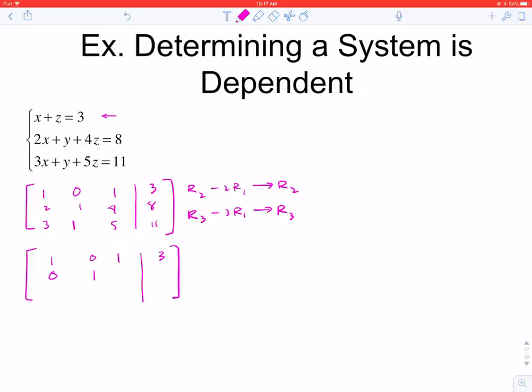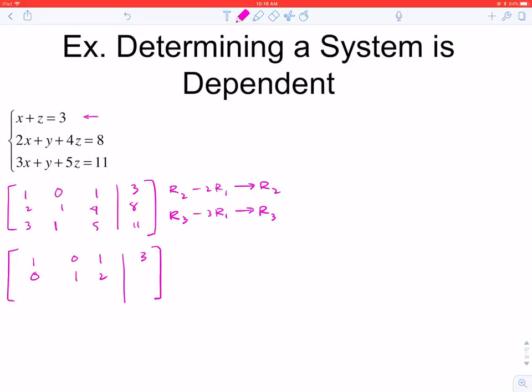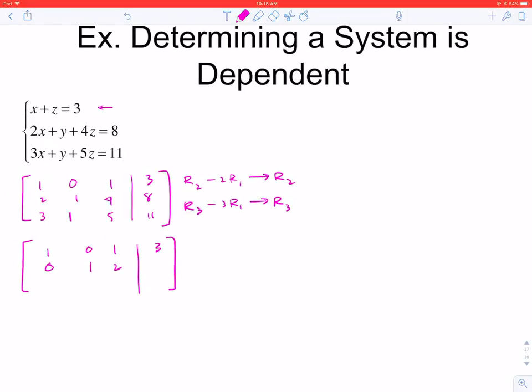And then 1 minus 2 times 0 will still be 1. 4 minus 2 times 1 will be 2. 8 minus 2 times 3 is also 2. Okay, we'll stay 1.